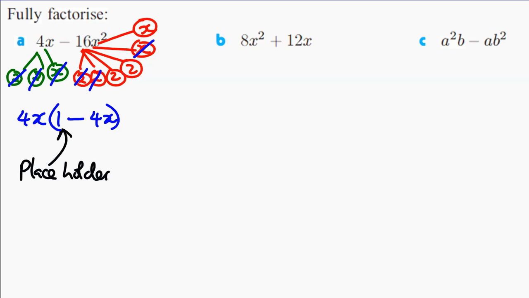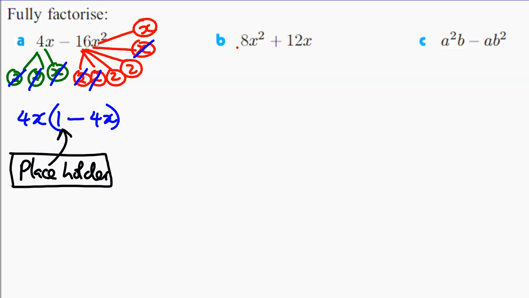So since you've used all the factors, you have to place 1 there because it's the placeholder. That's very important. Otherwise, if you wrote 0, then if you expanded that, you would not get what you had initially. Okay, so let's move on.